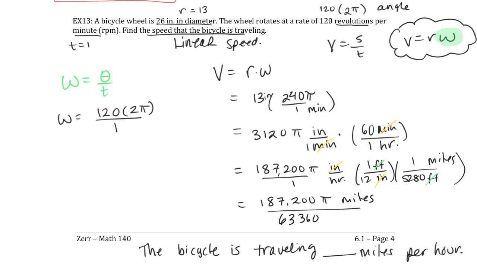In the denominator we have hours, which is the only thing that wasn't crossed off, and in the numerator we have miles. So our units are what we needed, which is miles per hour. Then if I multiply my numerator times the pi and divide by 63,360, we get approximately 9.3 miles per hour. And that is the speed of our bike.